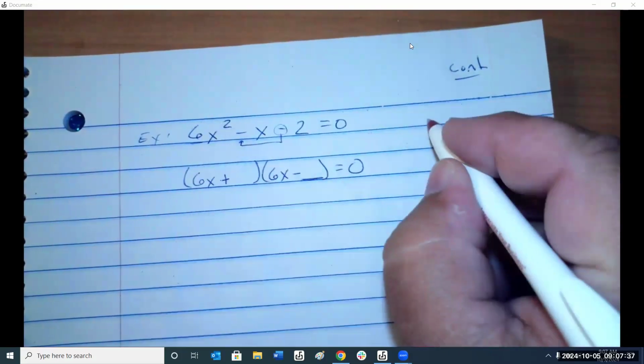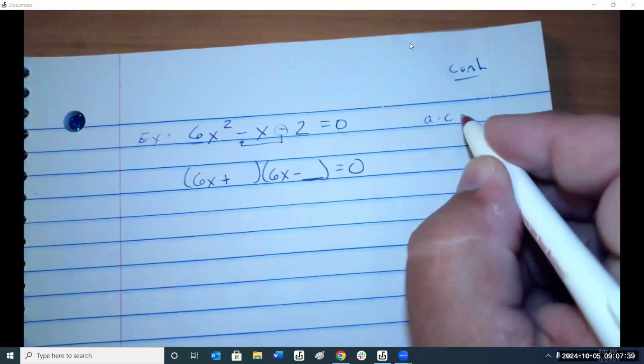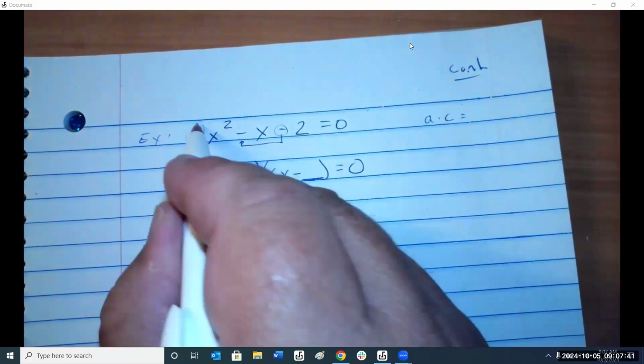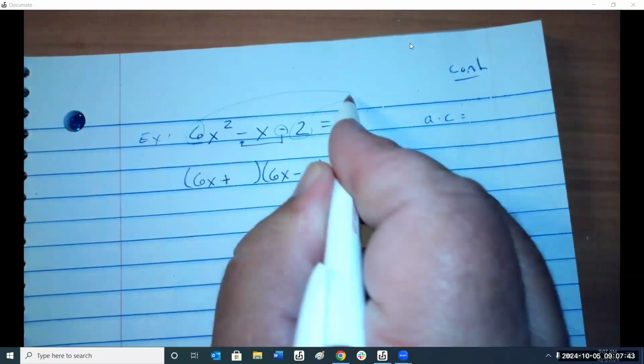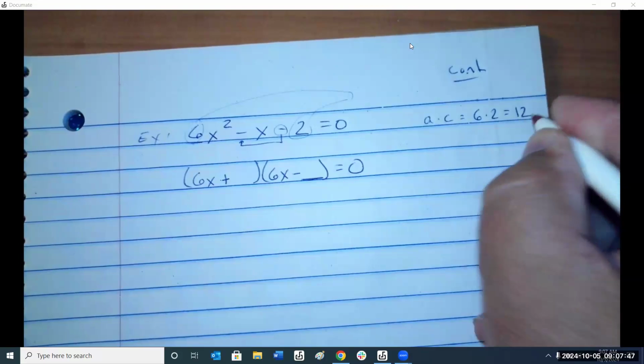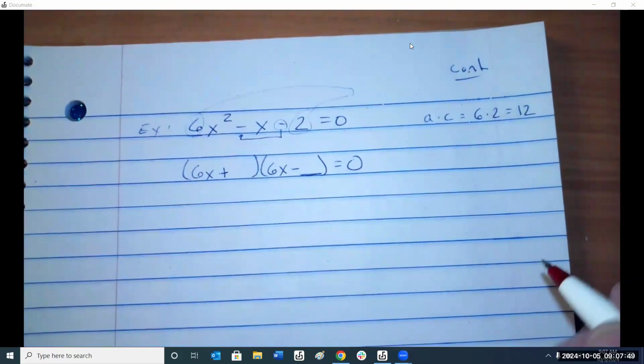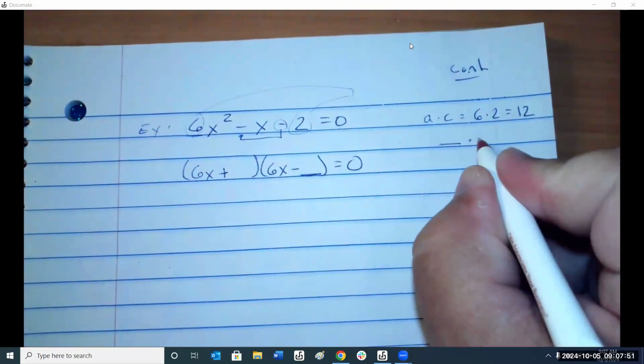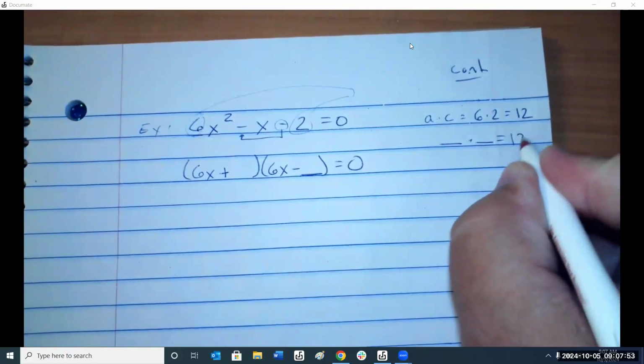So now we're going to find A times C, which is 6 times 2 equals 12. What two numbers multiply to equal 12?